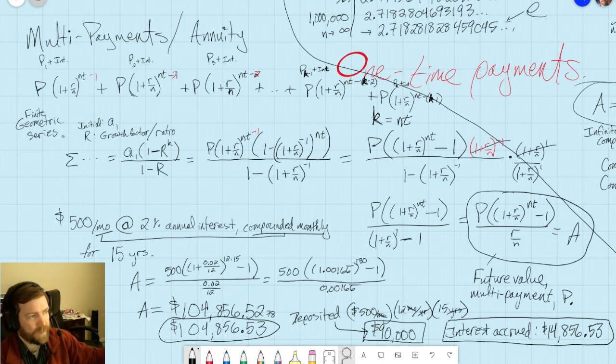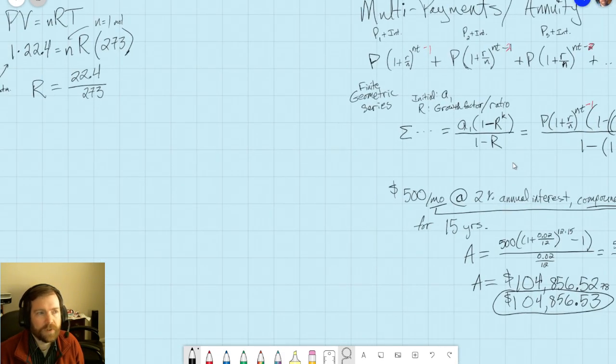The next payment back from the end is going to accrue one fewer month of interest, and so on and so forth, all the way back until you get to the end, where you have one month that accrues only one month of interest, being your first payment. So that one gets a little bit sticky.